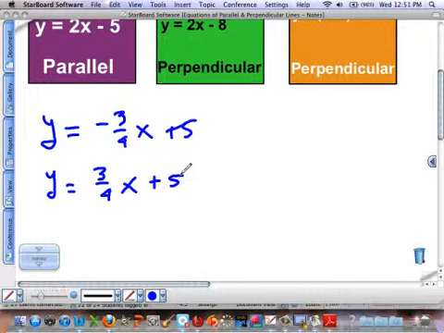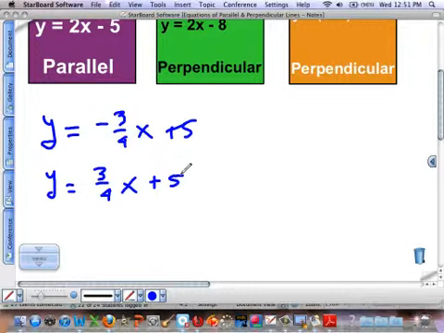Okay, well, first of all, are they the same? No, definitely not the same. Are they negatives of one another? Yeah, one's negative, one's positive, so they're opposite sign. But are they flipped? So that's neither. In order to be perpendicular, the slopes have to be flipped on one another.